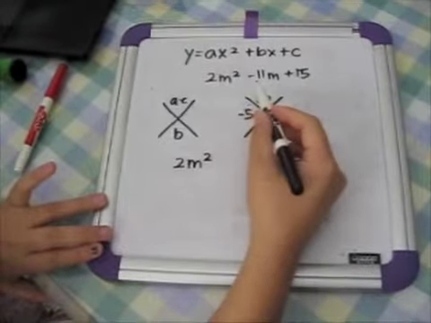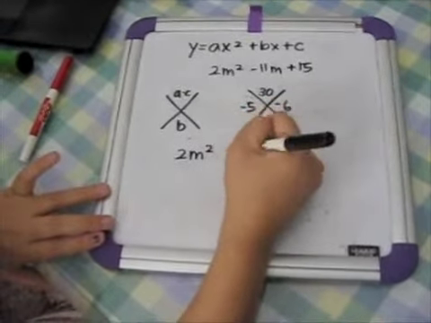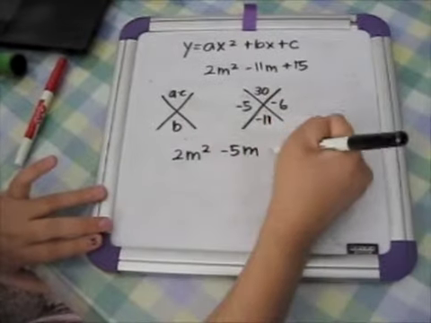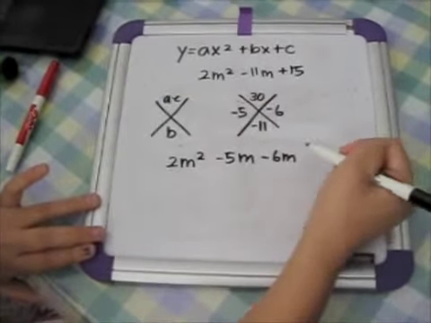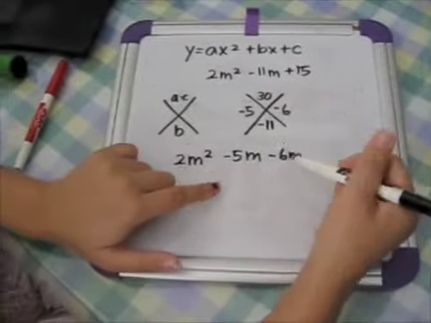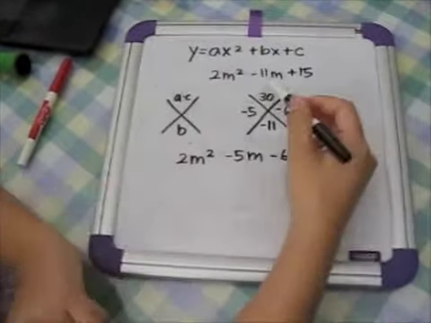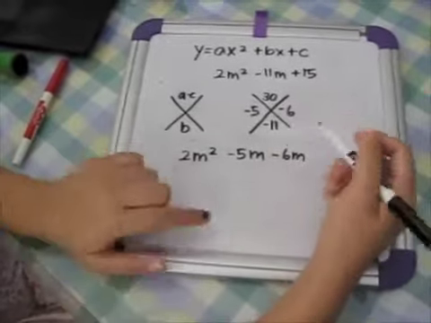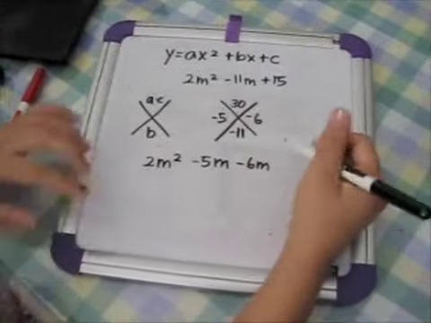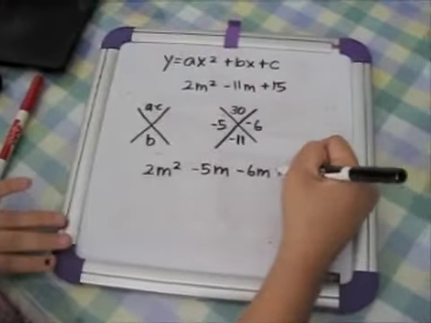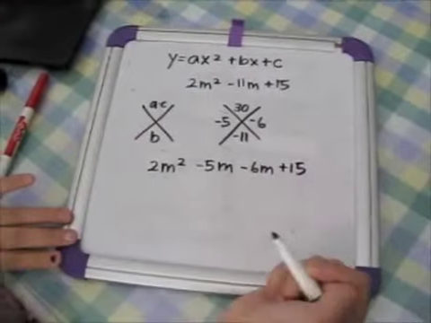Instead of negative 11m, I will rewrite it as negative 5m minus 6m. If you notice, we added negative 5m and negative 6m, it equals negative 11m. So it's still the same equation, just rewritten. And the constant term stays the same as mentioned earlier, so the 15 will be the same.